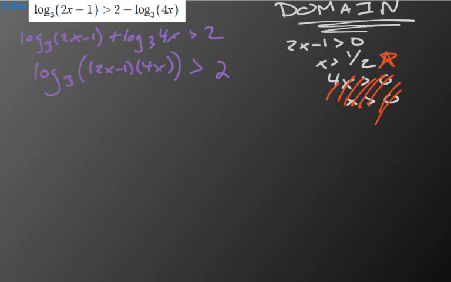And then you want to just cancel the log. So you're going to do 3 to both sides, like 3 to this log will cancel it. Then you can have 2x minus 1 times 4x is greater than 8, right?